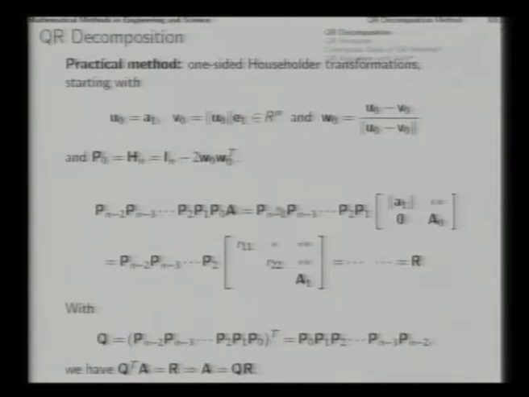So, what we have got? We have got Q transpose A as R, upper triangular matrix, which means A is equal to QR and Q we have got stored by cumulative multiplication of the intermediate Householder transformation matrices. So, this is one practical method of effecting a QR decomposition.